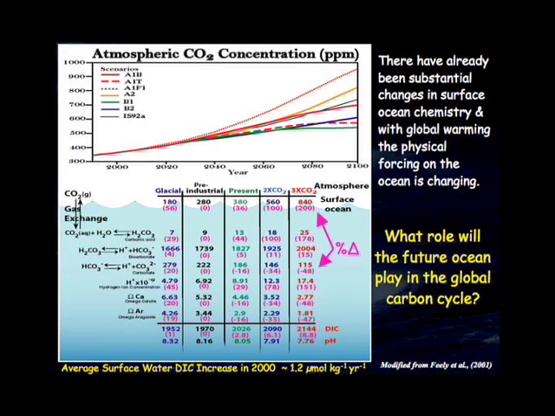And you can see then that we are already feeling an increase in the dissolved carbon in the water column. Myself and many of my colleagues have spent most of our careers measuring that increase, and it's about 1.2 micromoles per kilogram per year. From the pre-industrial period, that represents about a 65 to 75 micromole increase.